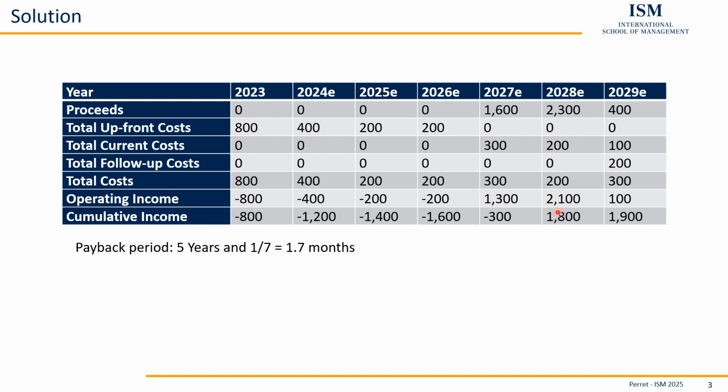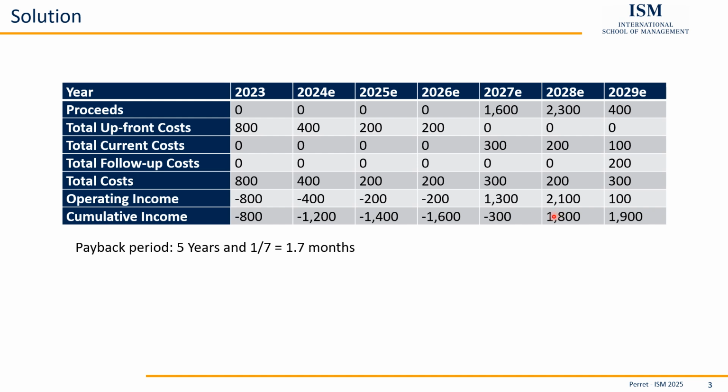That's the share of the year which I need to go into 2028. So in this case, 300 divided by 2,100 is 1 divided by 7. So I need to cover 1/7 of a year.